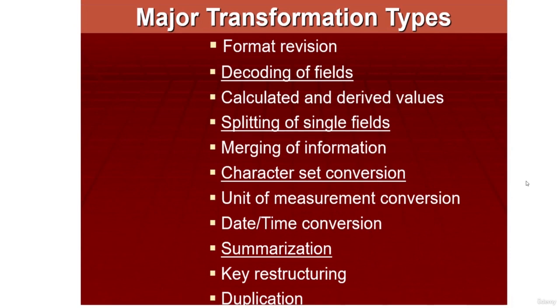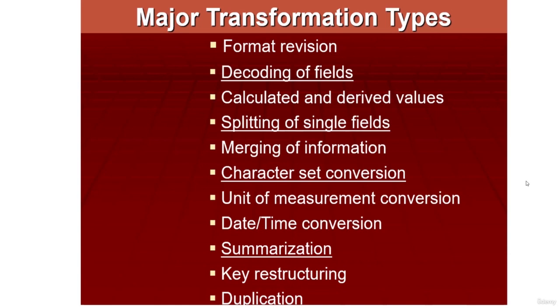Some of the major transformation types you, as a software tester, must try to learn. Number one, format revision. Number two, decoding of fields. Number three, calculated and derived values. Number four, splitting of a single field. And then merging of the information, like if you have three columns or four columns, how you can merge them.